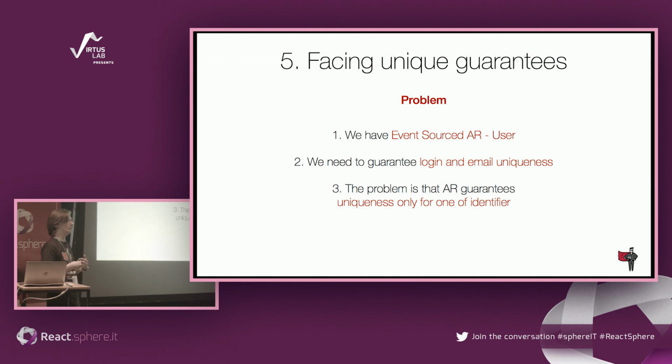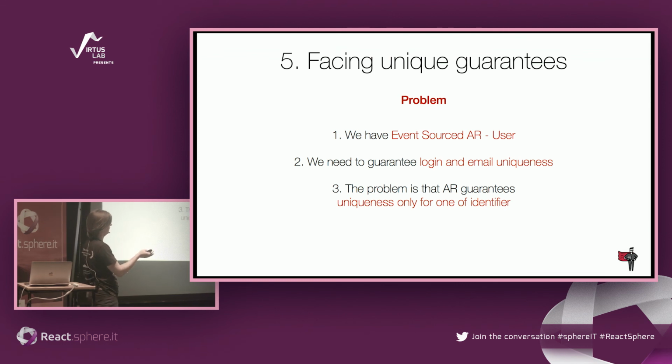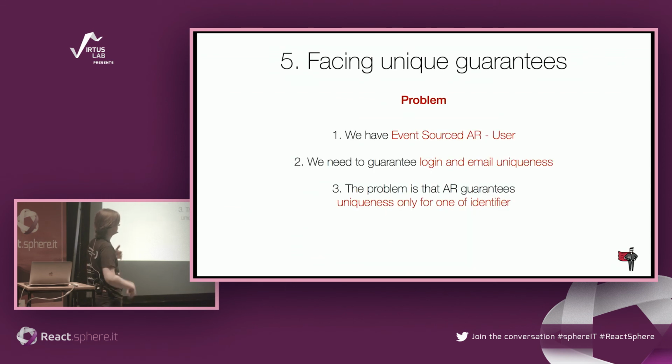When we have the user and the identifier of the user will be the login, there is no way to guarantee that we have the email also unique in the system, because we are making the commands to the login identifier. So there is no place where we can check if the email is already used. We need to ask all other aggregate roots, hi guys, do you use this email already?